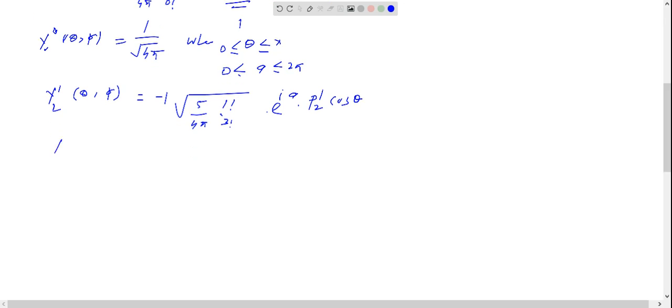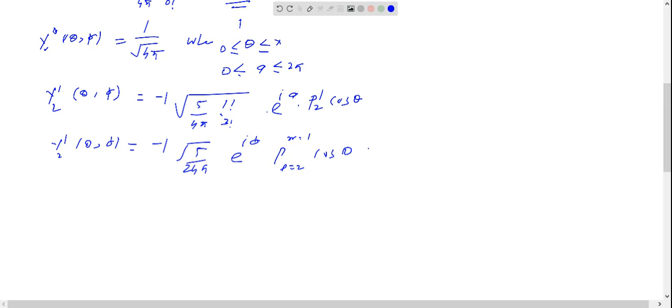So this can be written as Y2^1(theta, phi) is equal to minus 1 and root of 5 out of 24 pi, e raised to the power i phi, P where m is equal to 1 and l is equal to 2, of cos theta.